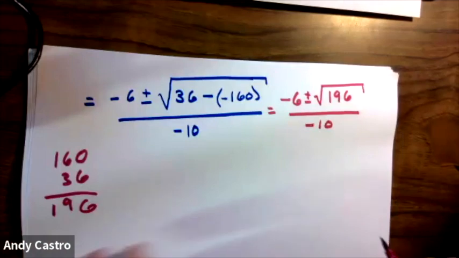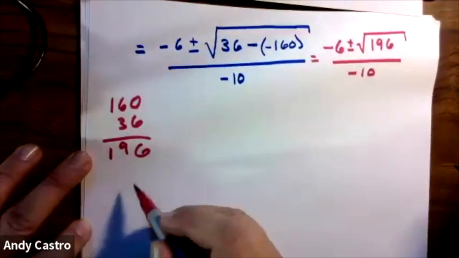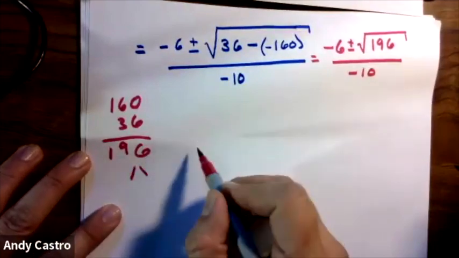All right. So let's see if 196 is a perfect square. How do we do that? Well, one way we could do it is a factor tree and divide it by 2.